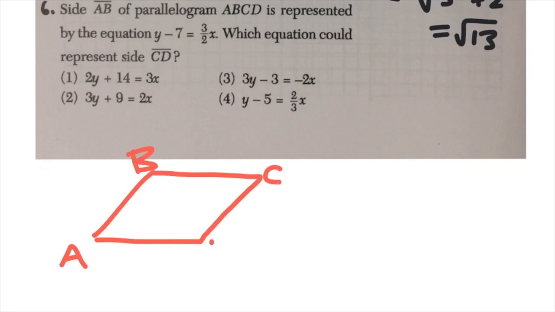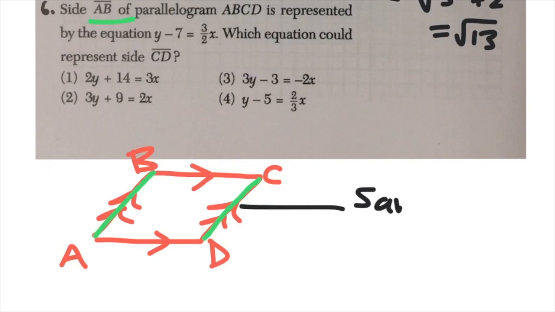Parallelograms have opposite sides parallel. They're giving me information about side AB. I know that side AB must be parallel to side CD, and if they're parallel, they must have the same slope.